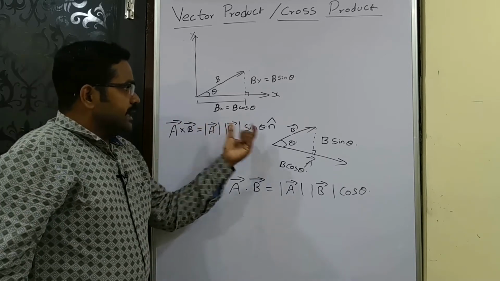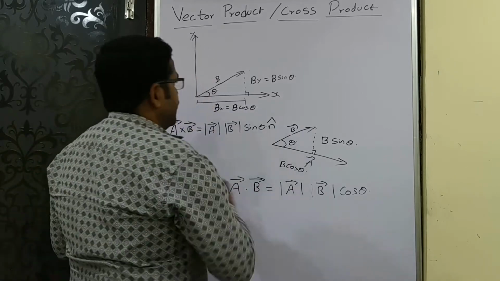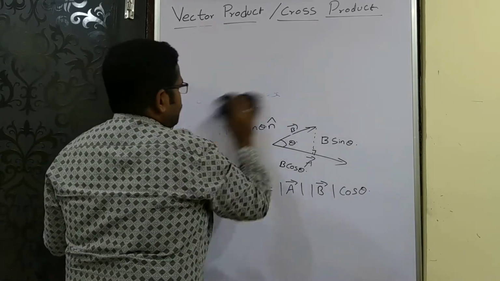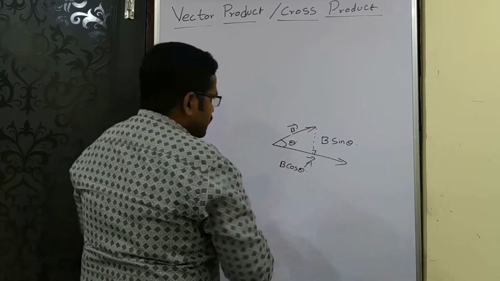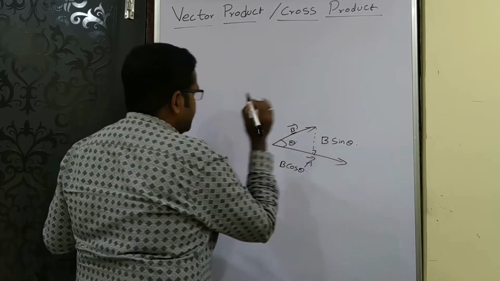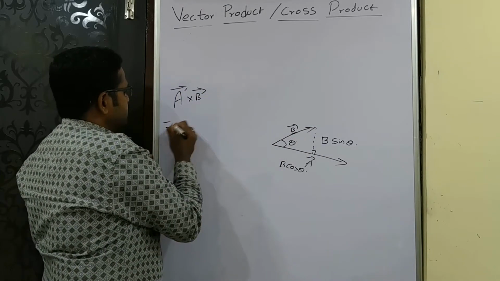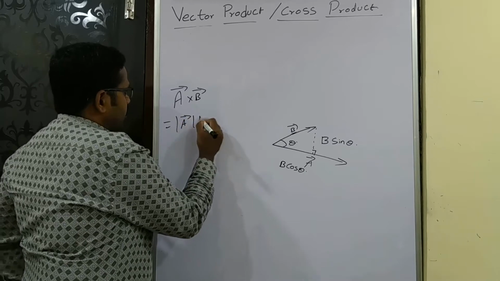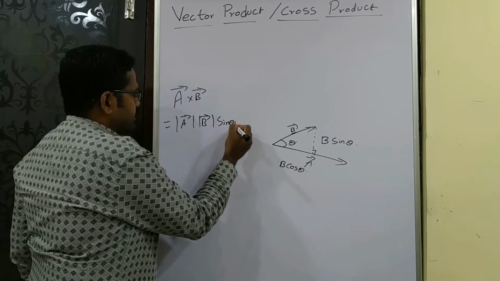So what is the direction of this unit vector n cap? From this picture, we have two vectors, vector A and vector B. So vector A cross vector B we have written as mod of A mod of B sin theta n cap.